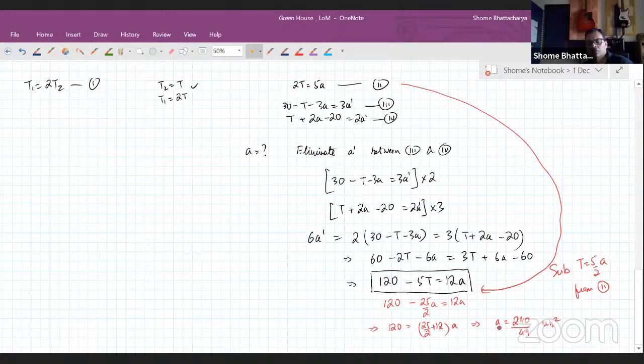So we'll get this. And then we can calculate the value of A. So this is approximately 4 point something. We rounded off to first place of decimal.